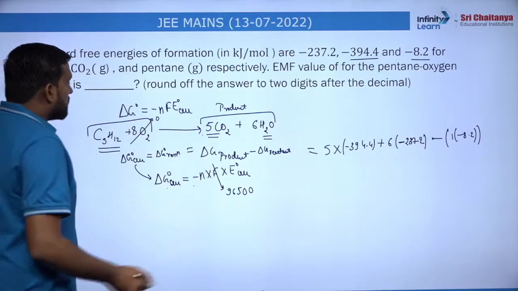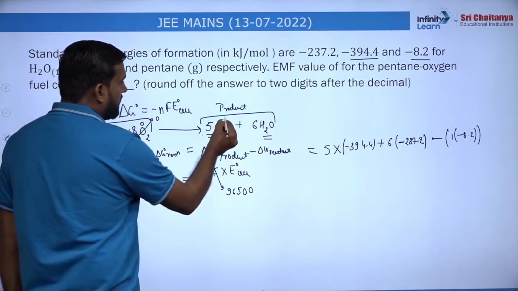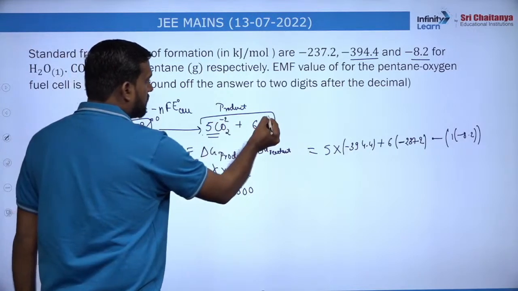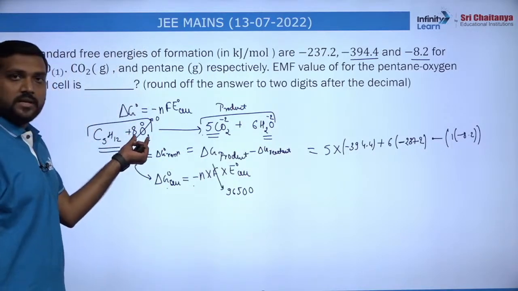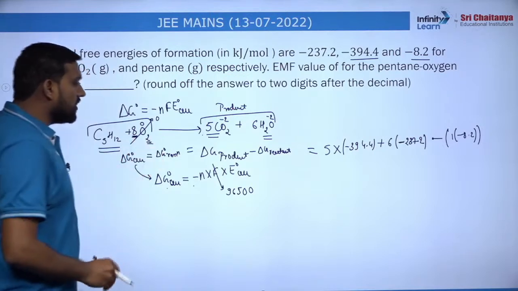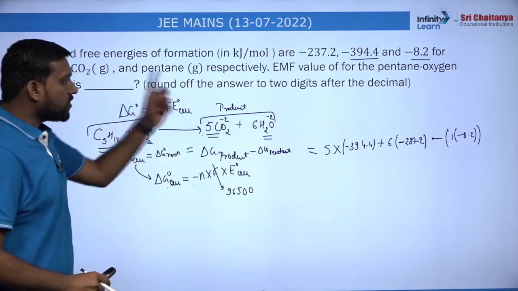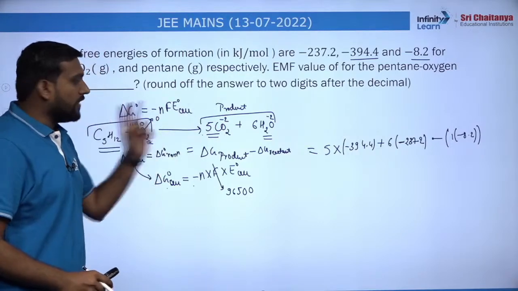How? Oxygen here is in 0 oxidation state. Here the oxygen is in -2 oxidation state. Here also the oxygen is in -2 oxidation state. How many oxygen atoms are there? 16 total, 8 into 2.